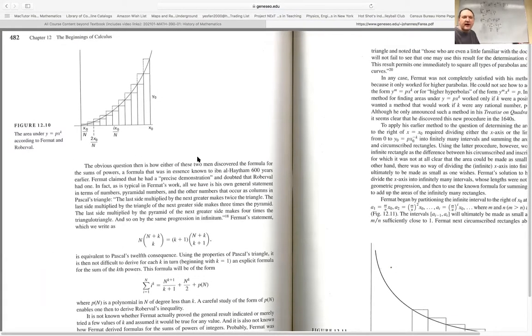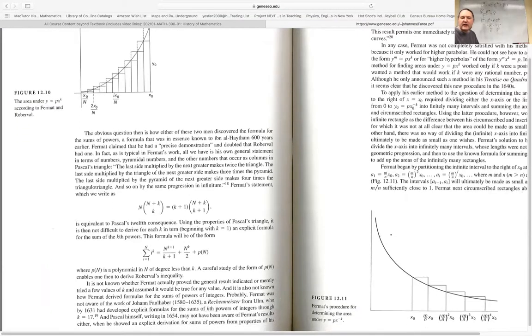It is worth noting, one of the things that was unusual about his work, and by the way, this is similar work in Roberval, who we will see some more of soon. One of the things that's unusual about this work is he did break them into rectangles, which should look familiar, but he broke them into rectangles of varying widths.